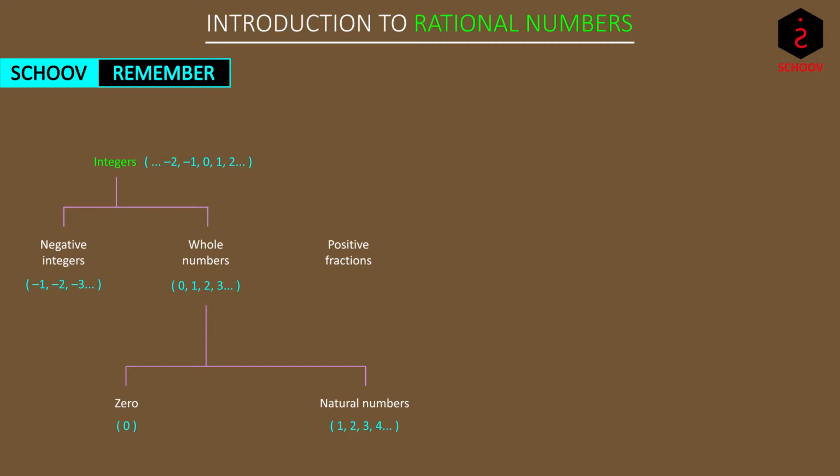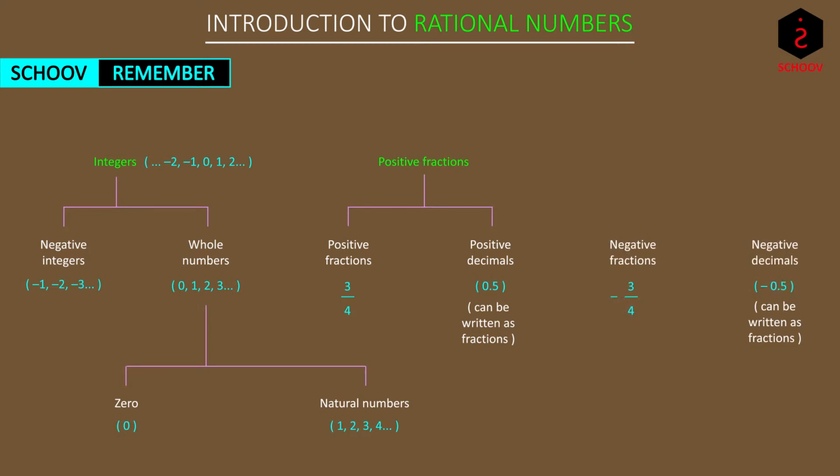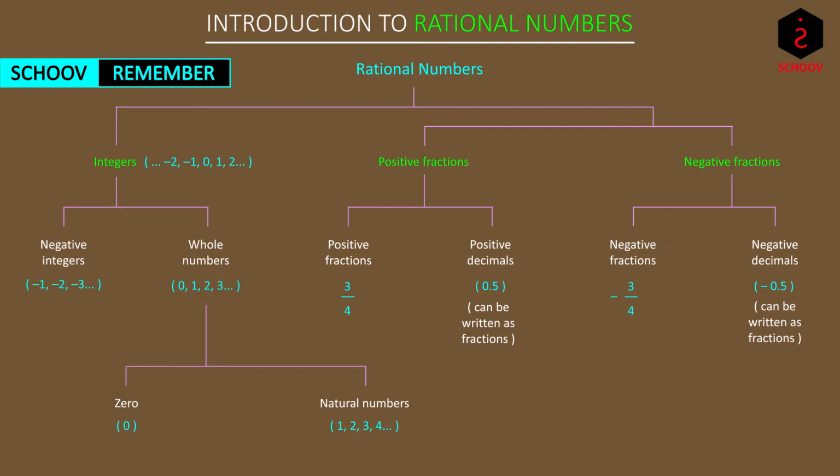Now positive fractions, example 3 by 4, and positive decimals, which can be written as fractions, example 0.5, together represent positive fractions. And similarly, negative fractions and negative decimals make negative fractions. So, integers, positive fractions, and negative fractions together make rational numbers.